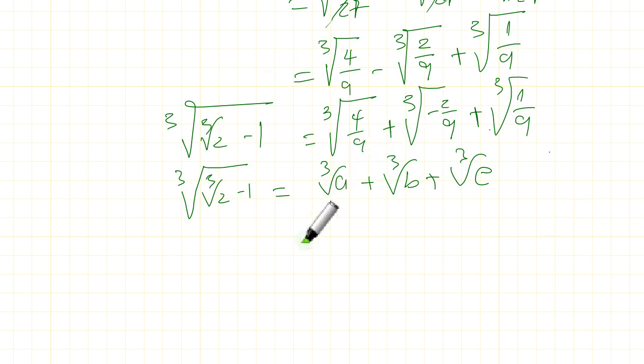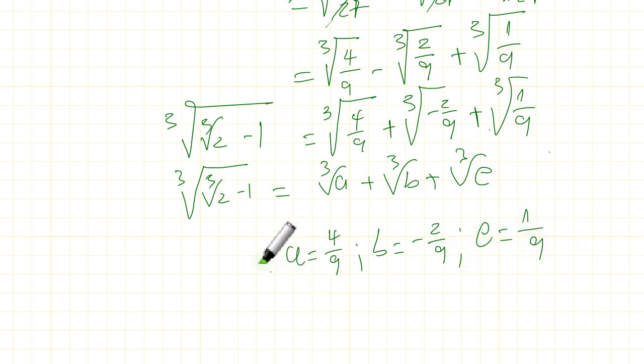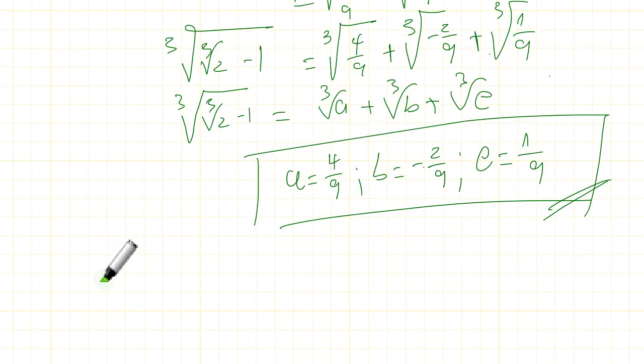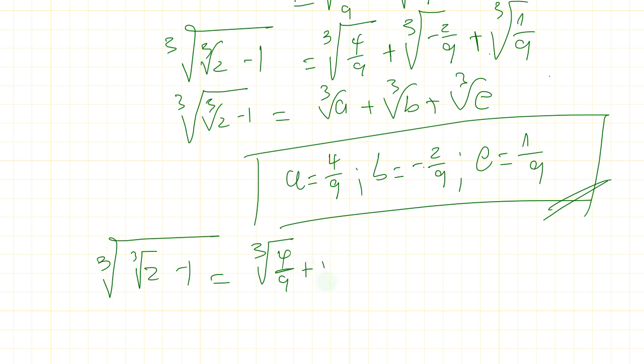So comparing, guys, we will have then that a is equal to 4 over 9, b is equal to minus 2 over 9, and c is equal to 1 over 9. Okay, guys, so this is the solution for our problem, and we actually deduced that cubic root of 2 minus 1 can be written as cubic root of 4 over 9 plus cubic root of negative 2 over 9 plus cubic root of 1 over 9.